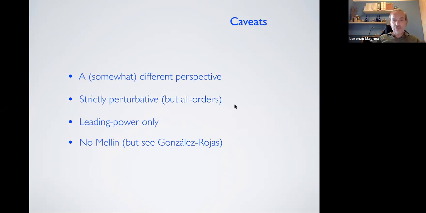Finally, I'm not taking a Mellin transform, but I think most of what I will say translates rather smoothly. Here I'm referring to what Hernan discussed the other day, but I think Monica also showed that the Mellinization of the factorization theorem works rather well.